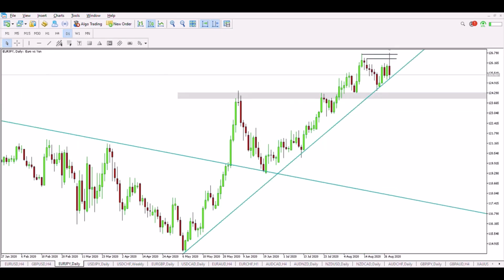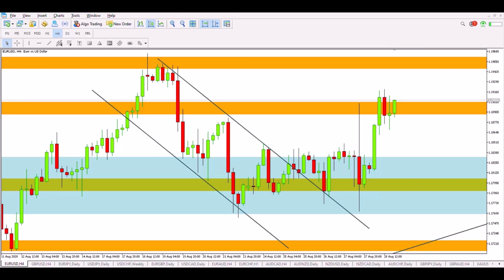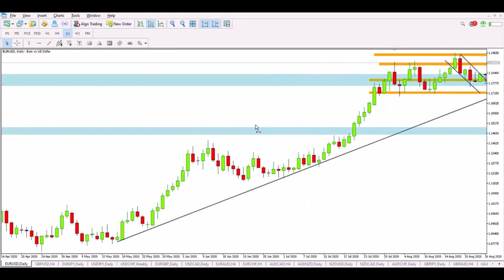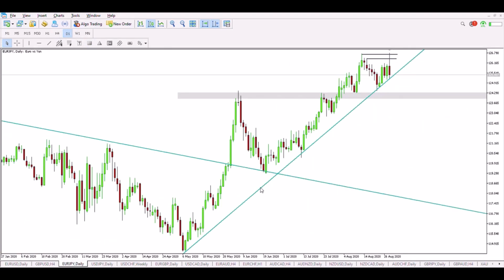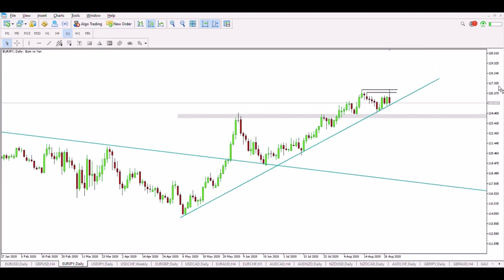Let's move to Euro JPY. On Euro JPY we had a pretty strong uptrend, as with the Euro USD. As you can see on the daily, they correlate pretty much. And now we're currently testing this trend line.